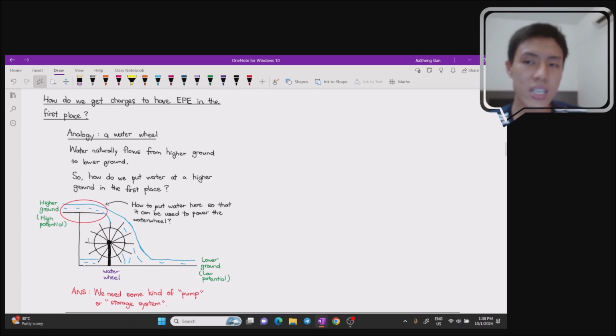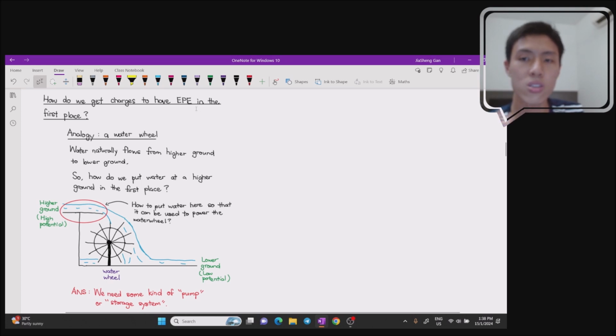So how do we get charges to have electric potential energy in the first place? In other words, you want the charges to have potential energy. Imagine you have a ball. If you want it to have gravitational potential energy, you have to bring it to a higher ground, right? If you look at a water wheel, water naturally flows from higher ground to lower ground.